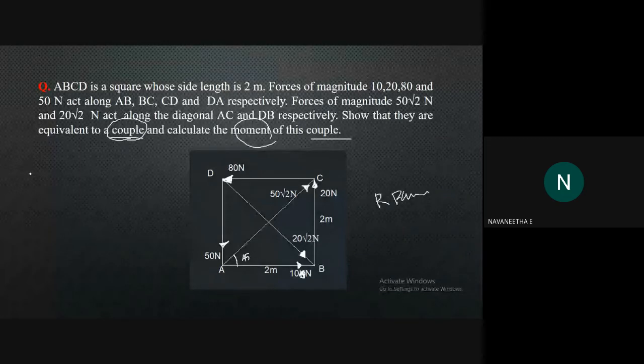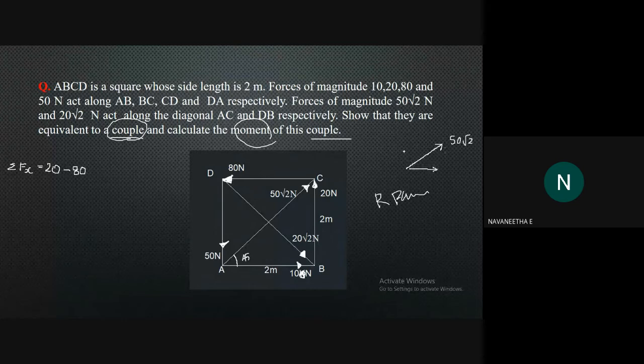So here I am writing sigma fx firstly. Sigma fx equal to 20 minus 80. Then the component of 50 root 2. 50 root 2 is acting in the first quadrant, right? So this is the x component and this is the y component.